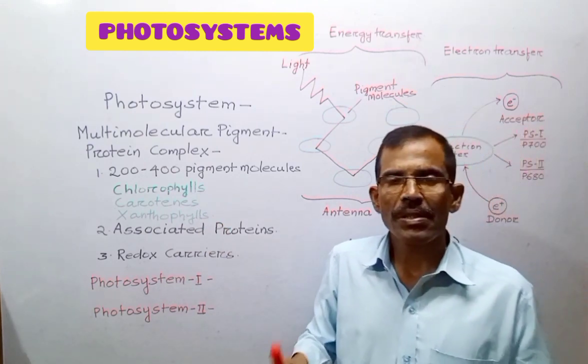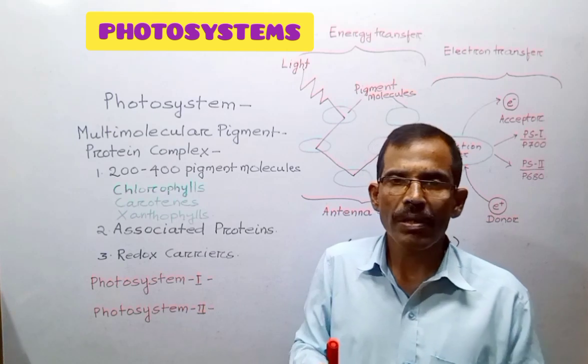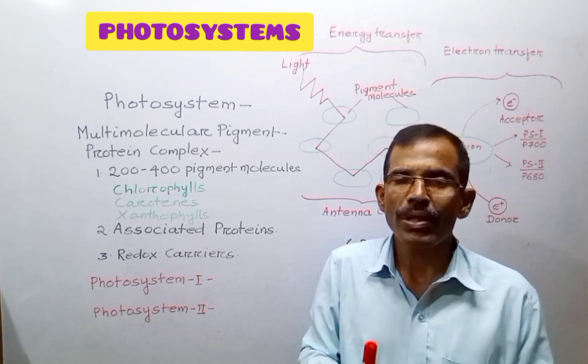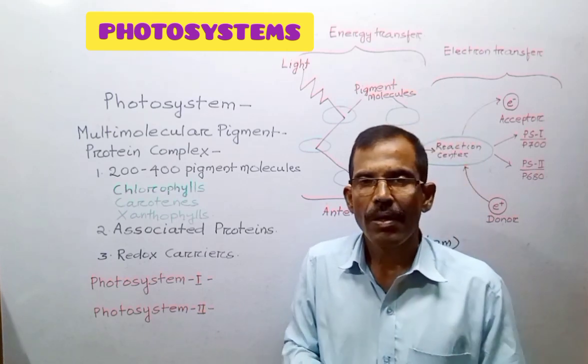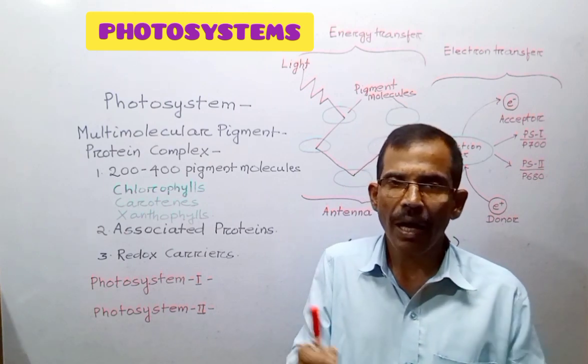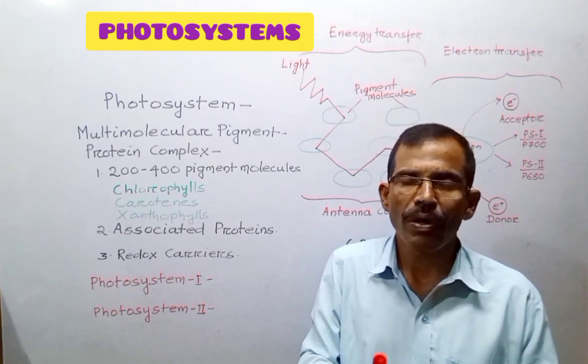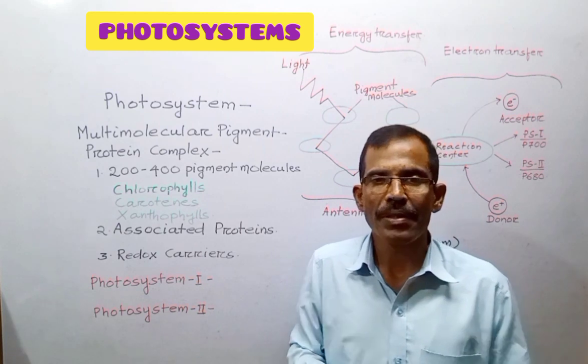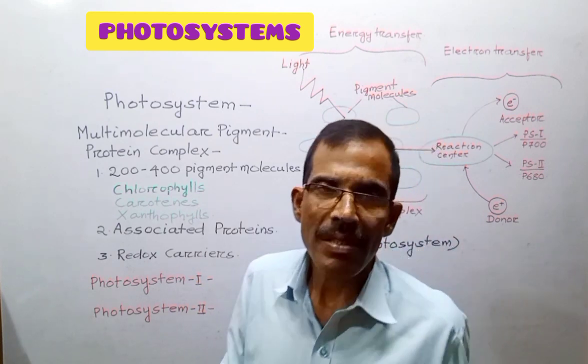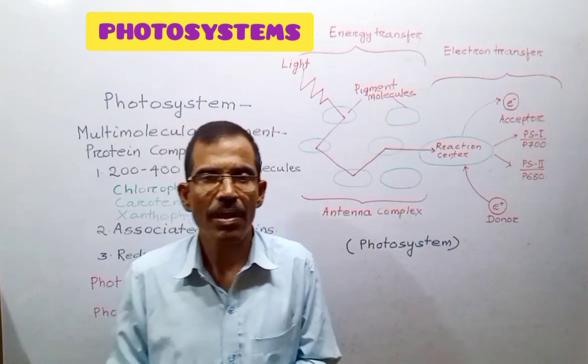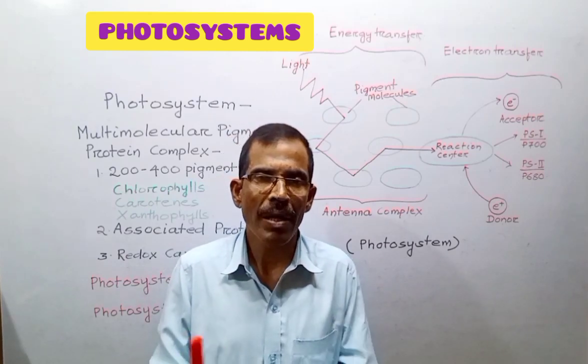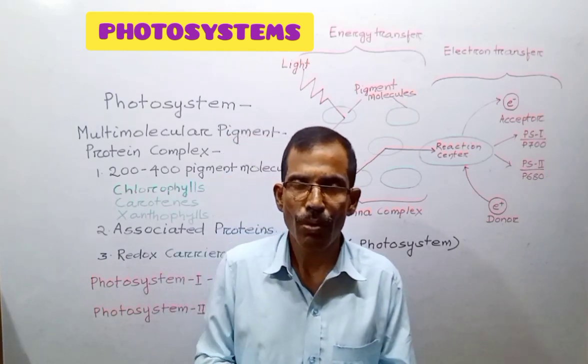In a photosystem, numerous pigment molecules are associated with different proteins non-covalently in a highly specific manner to form a functional unit. In higher plants, there are two separate photosystems, photosystem 1 and photosystem 2.